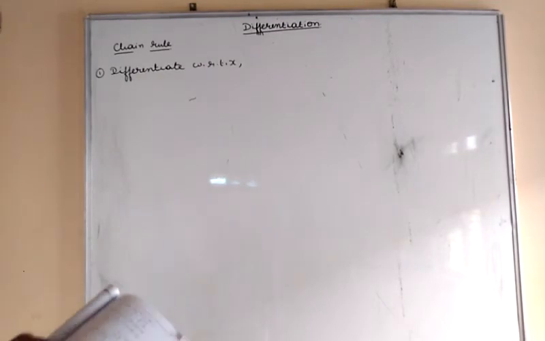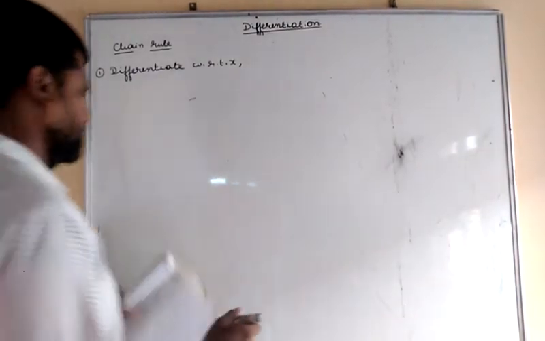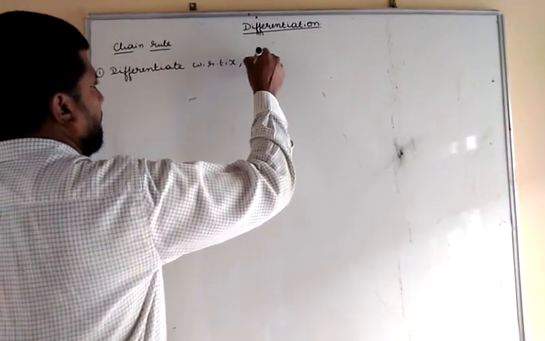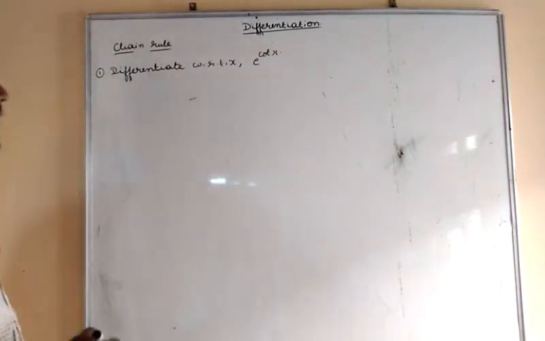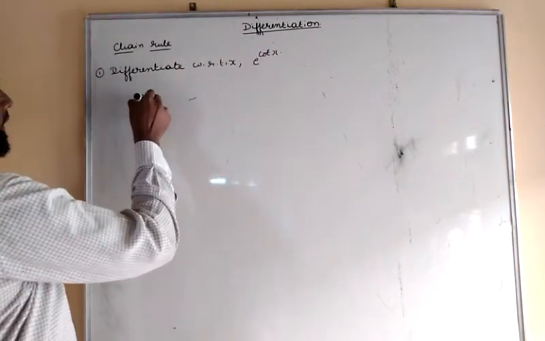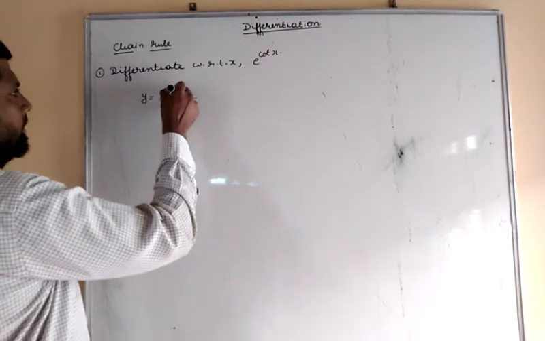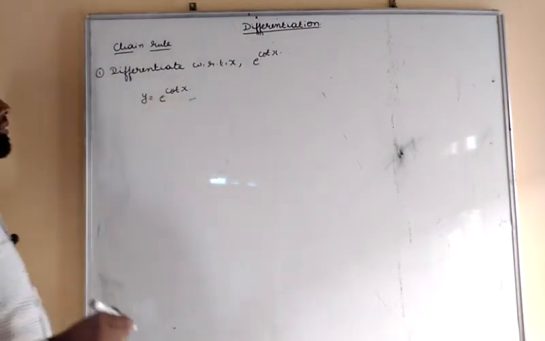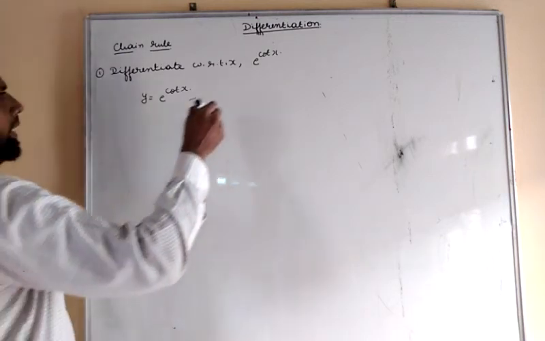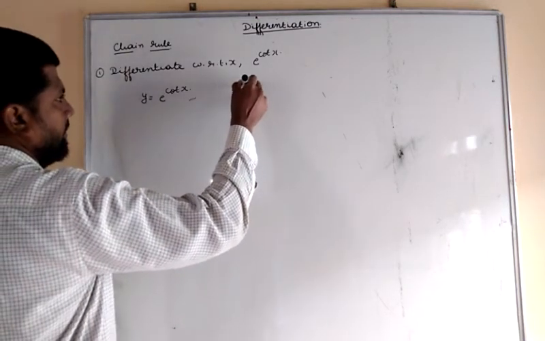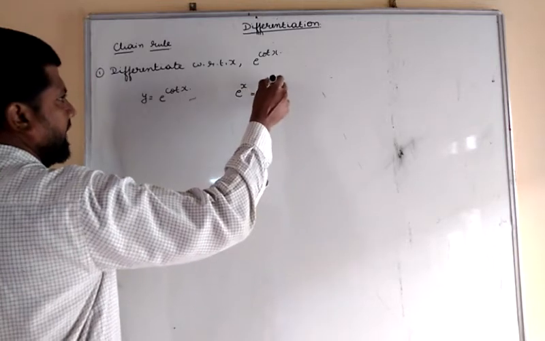Okay, take down the next problem here. E to the power of cot x. So y is equal to e to the power of cot x. We know the differentiation of e to the power of x is e to the power of x only.